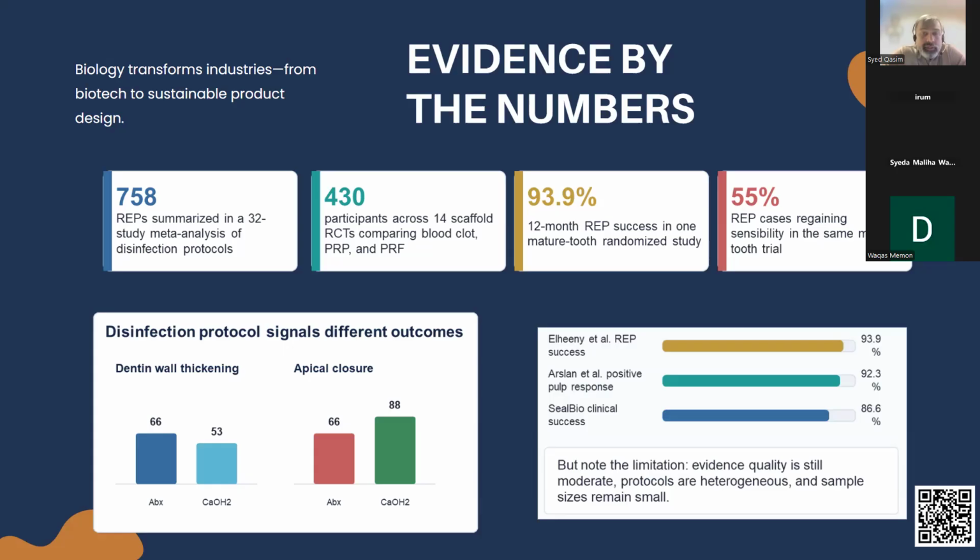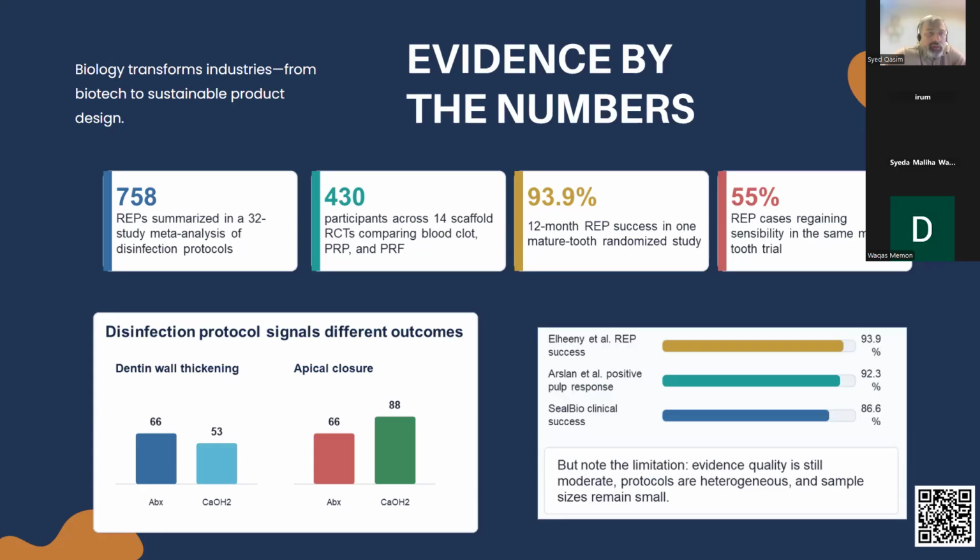And the calcium hydroxide was specifically reported for apical closure. So what this suggests is that our disinfecting strategy actually influences the outcome, and it's not just about sterilization.